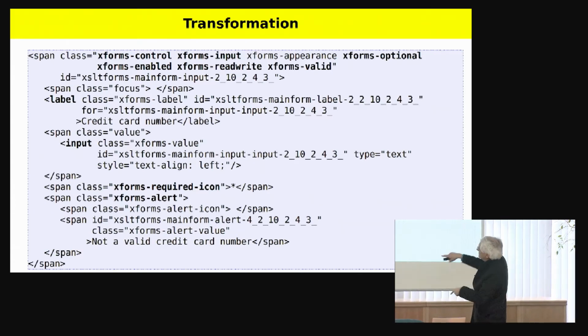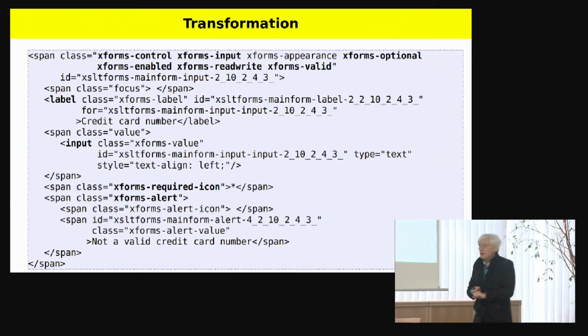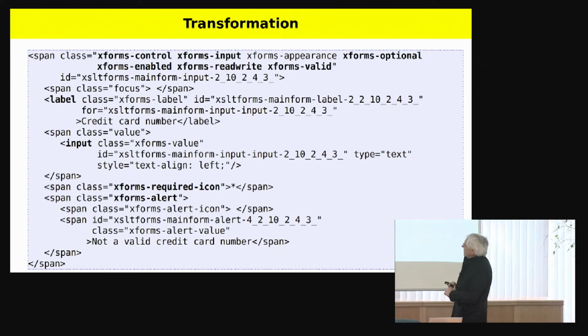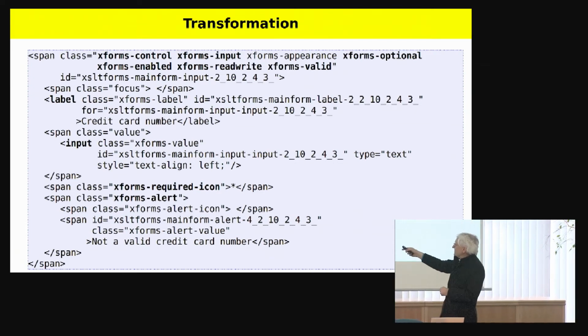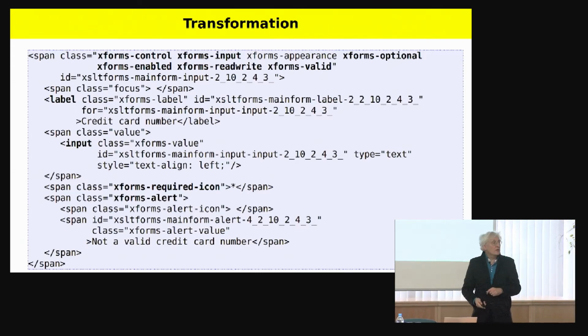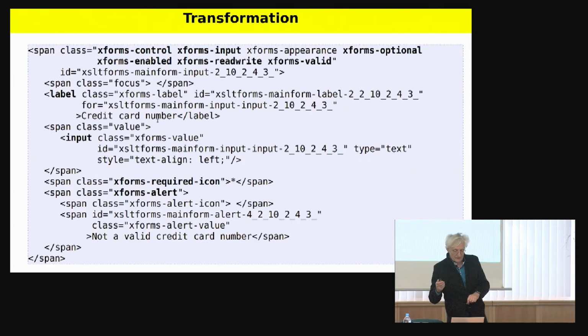So the main element is the control, and then it's got different spans in the middle for representing different parts: the label, the value, the alert, and the things necessary for representing that it's required.